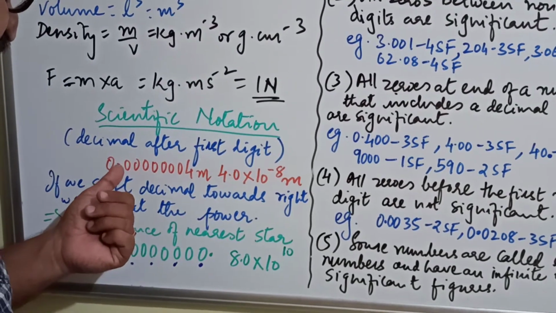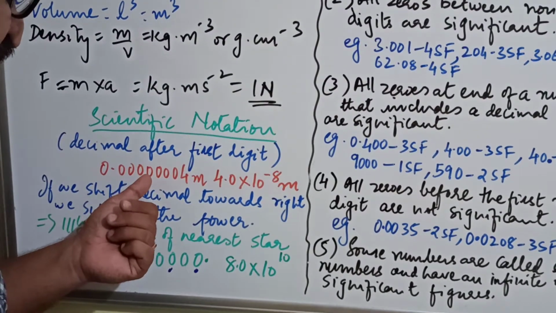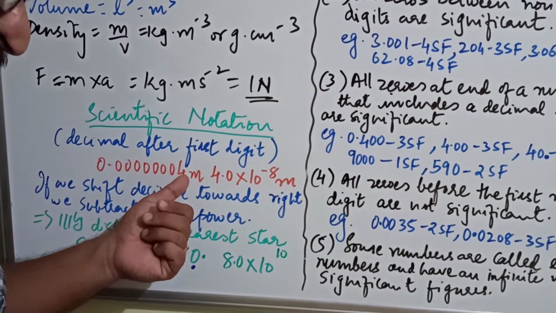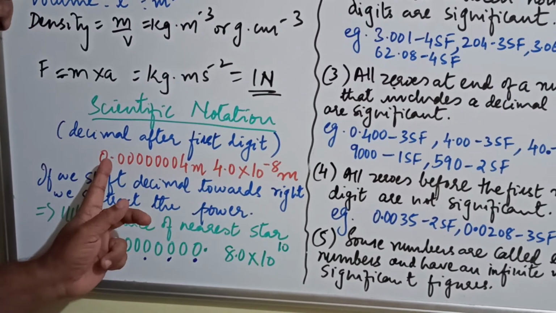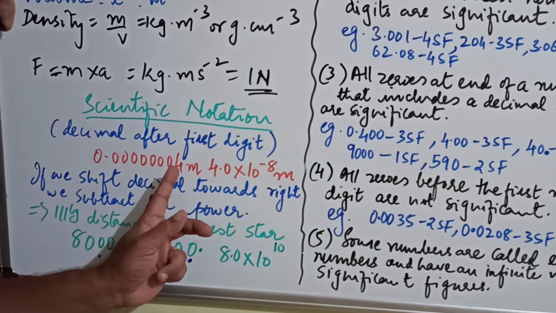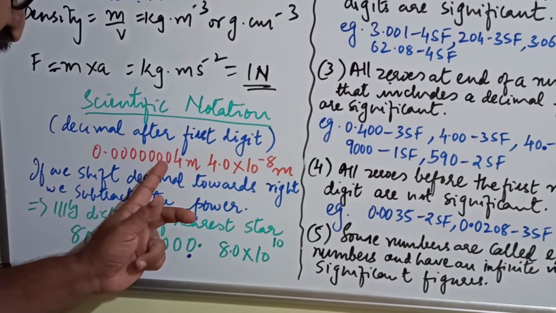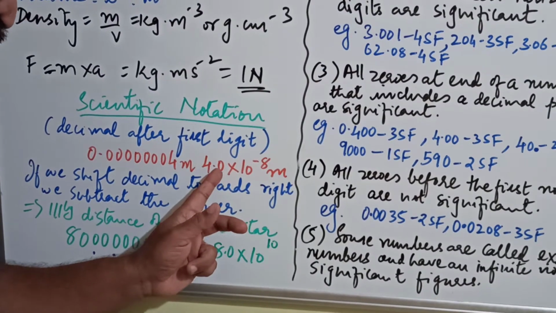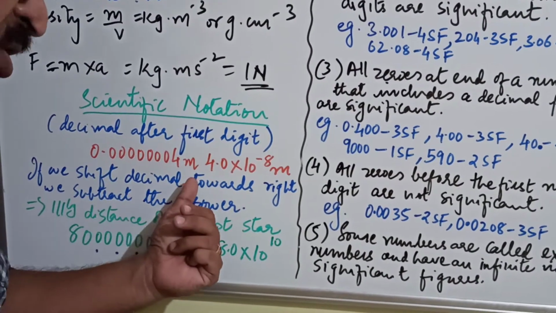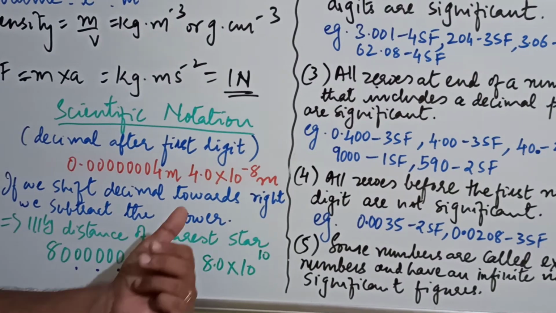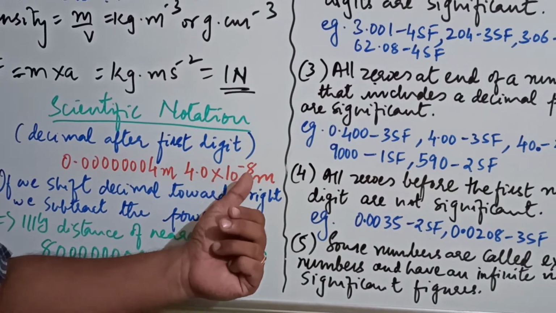Because after decimal you got 1, 2, 3, 4, 5, 6, 7 and 8. I am shifting the decimal over 8 digits. So it is 4.0. The decimal shifts 8 digits to the right. 4.0 into 10 raised to minus 8 meter.